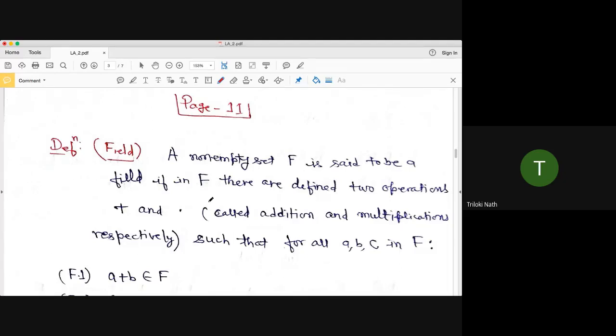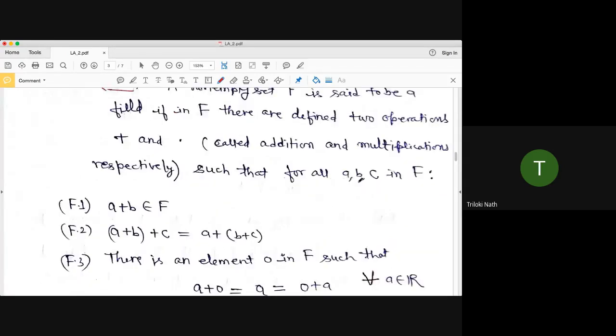Don't go into the technicality. Just remember, a non-empty set F is said to be a field if in F there are defined two operations, one called plus and another called dot, addition and multiplication respectively, such that whatever a, b, c you take in F, a plus b must be in F. What did I say?